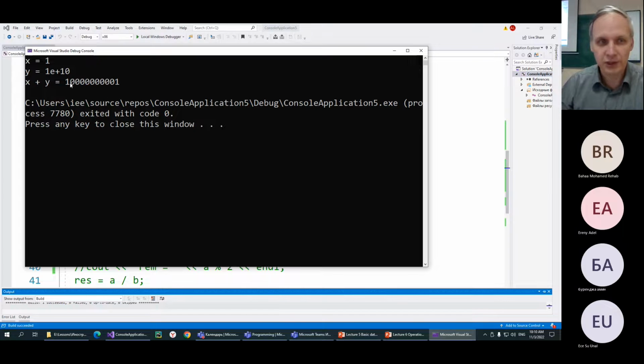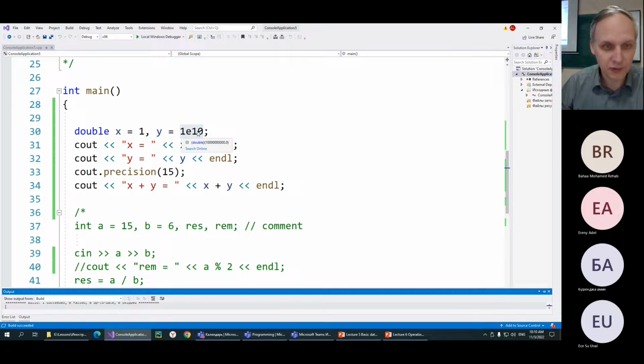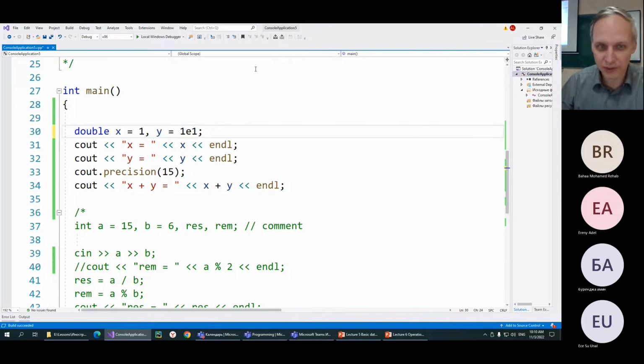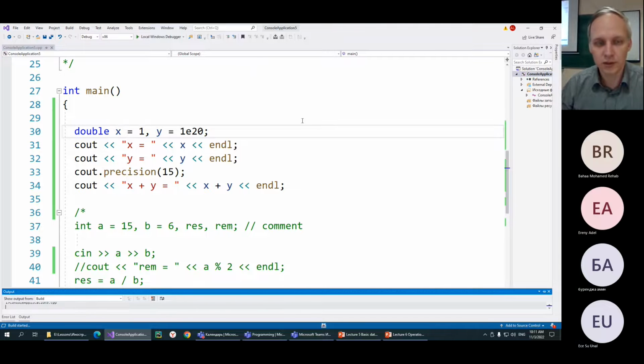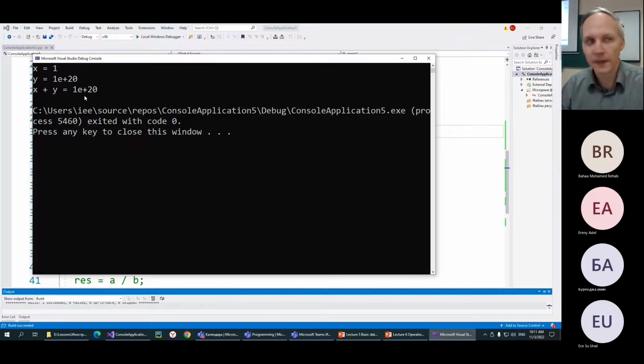Yeah, and you see that the result of this addition will also be 1, 0, 0, 0, 0, 0, 0, and 1. Yes, 1 plus e. But if the power is larger, for example, larger than 15, for example 1e20, then 1e20 plus 1 will be 1e20.